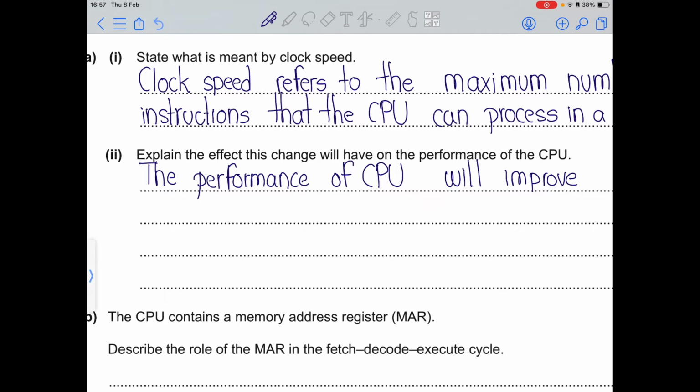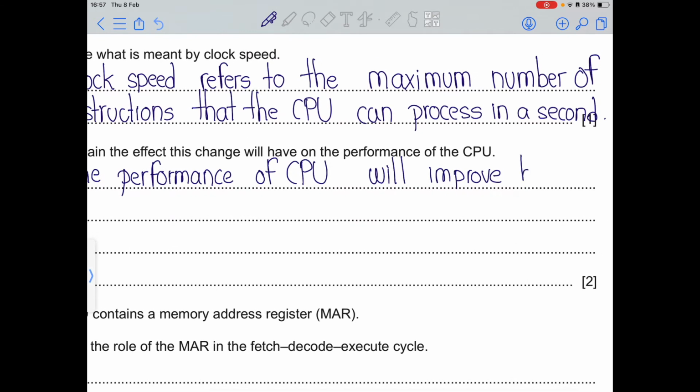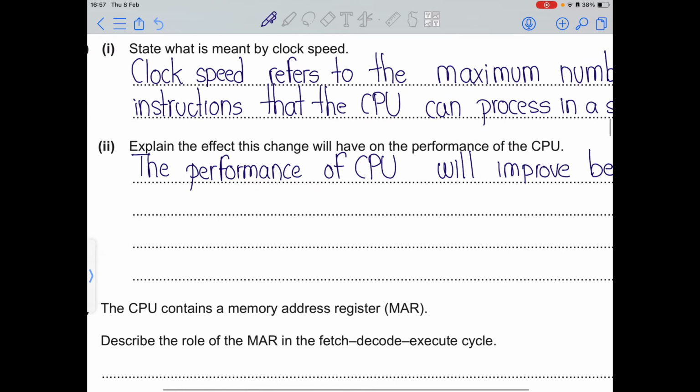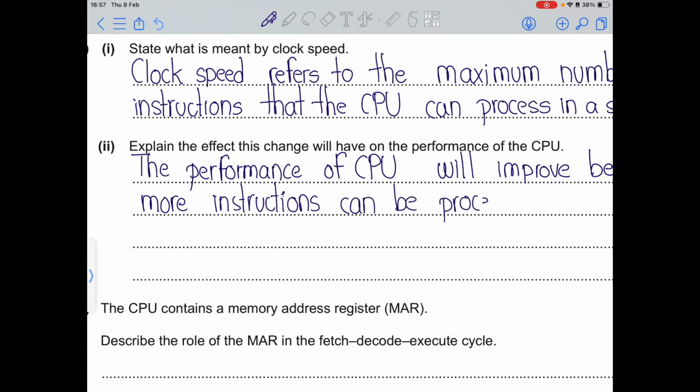It's because more instructions can be processed in a second.